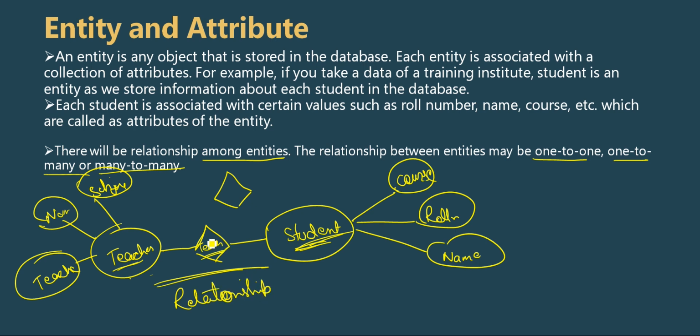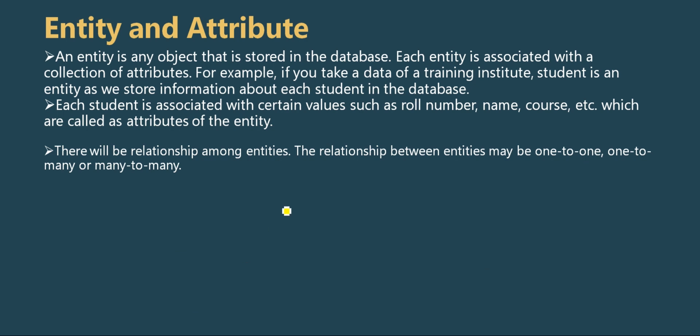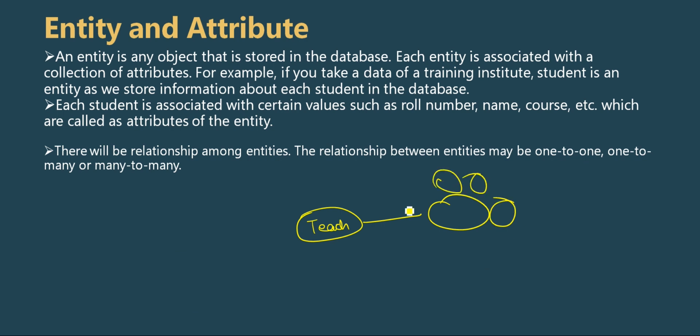And this relationship can be one to many, or many to one. What does this mean? A teacher can teach many students, right? So this will be one teacher and n number of students. This will be termed as a one to many relationship.